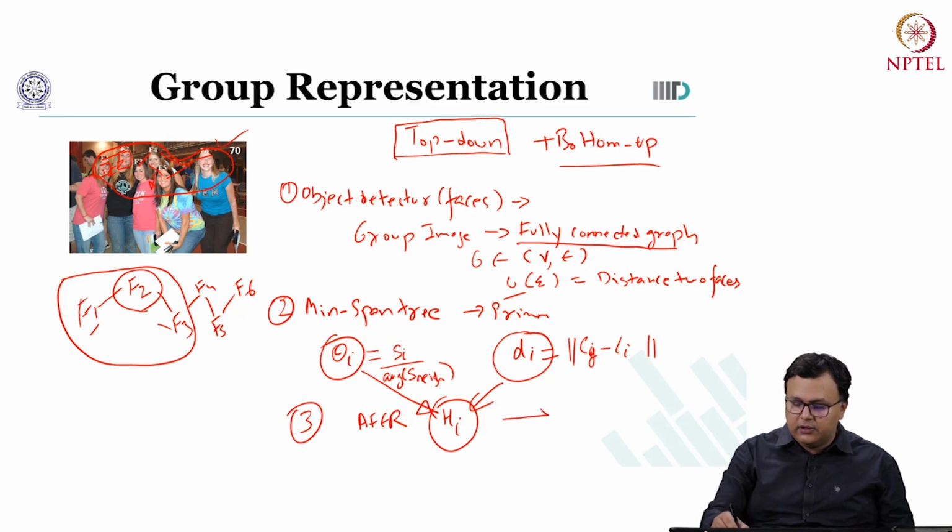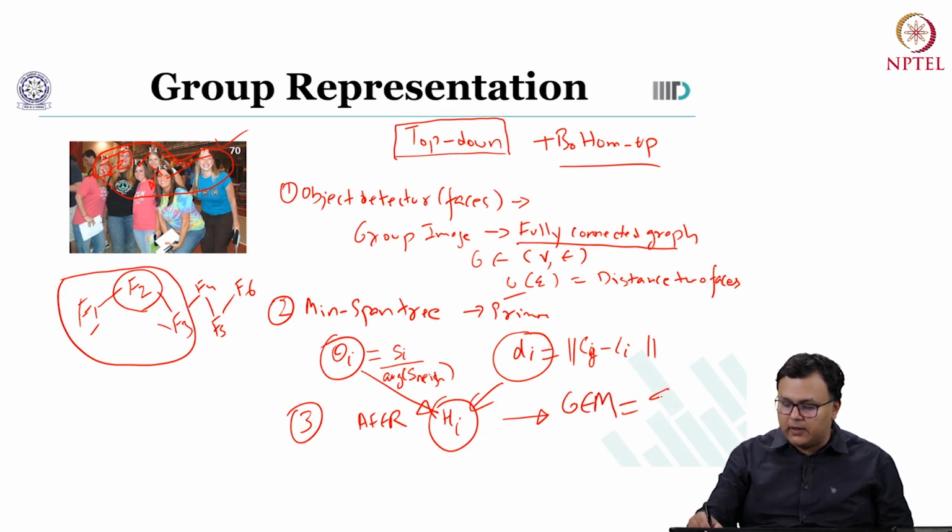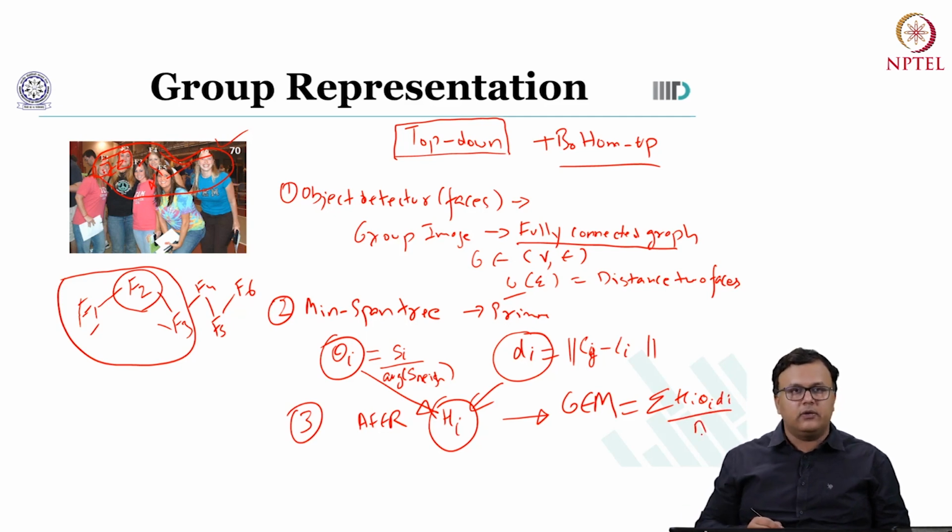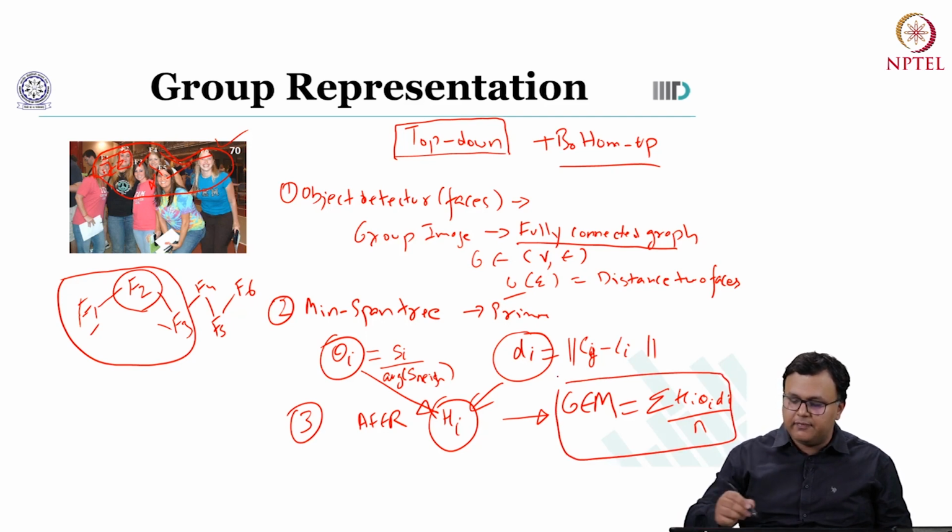Based on that, a trivial model of group expression, let's call it group expression model, GEM, could be simply summating the expression intensity, which is weighted by theta I and D of I, and then dividing by the total number of subjects n in that group. Of course, this is the simplest representation which you could have.